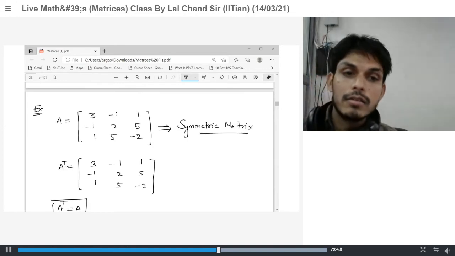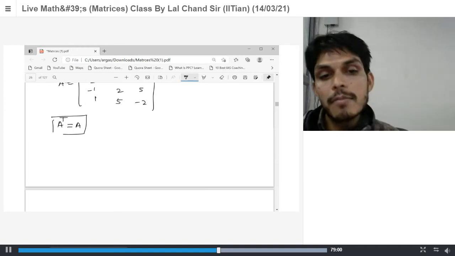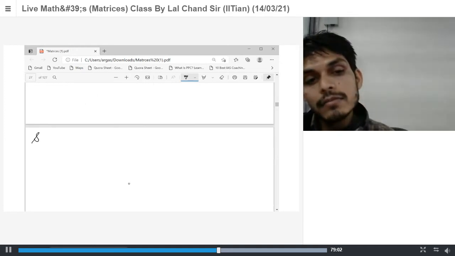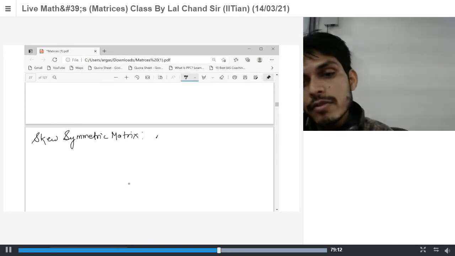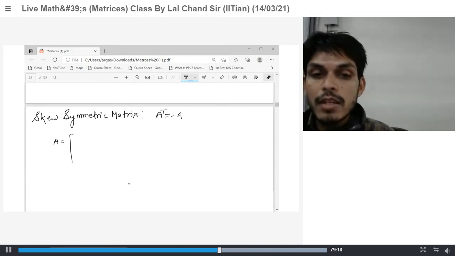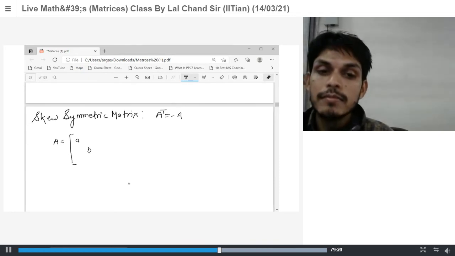Okay. Now an example of a skew symmetric matrix, where A transpose is equal to negative of A. For example, let us suppose a, b, c.